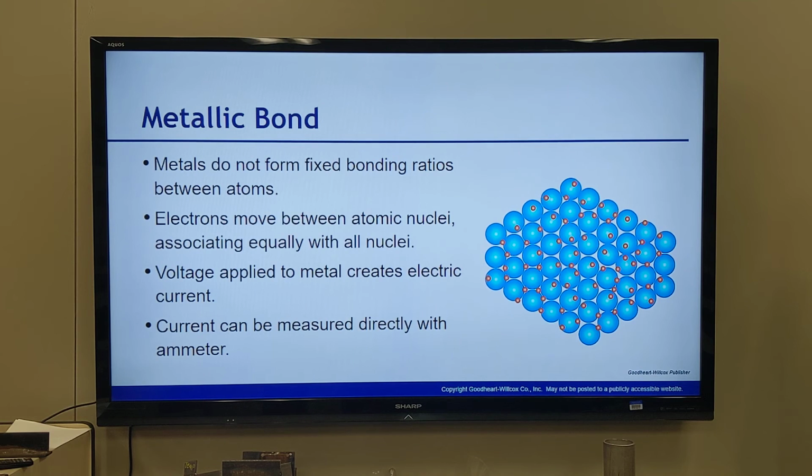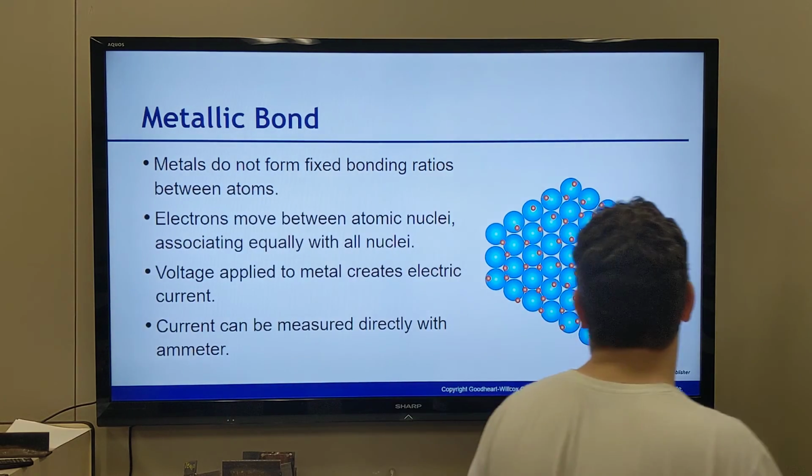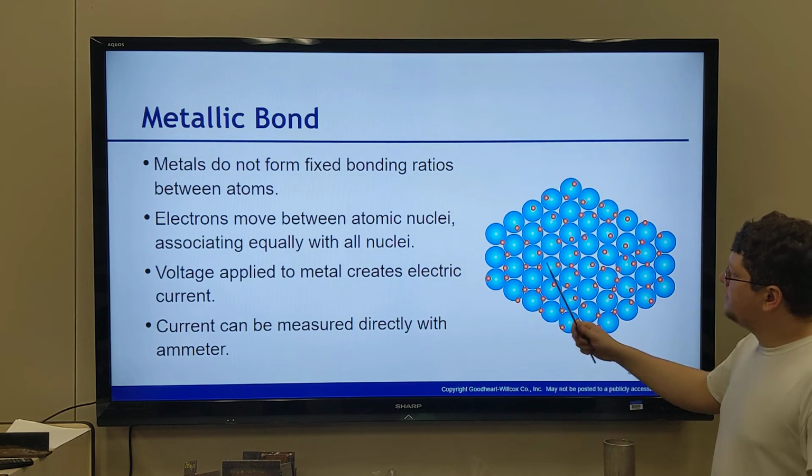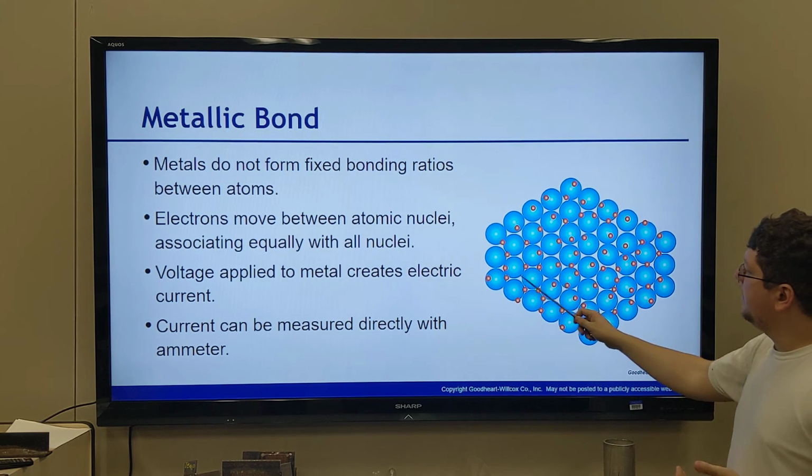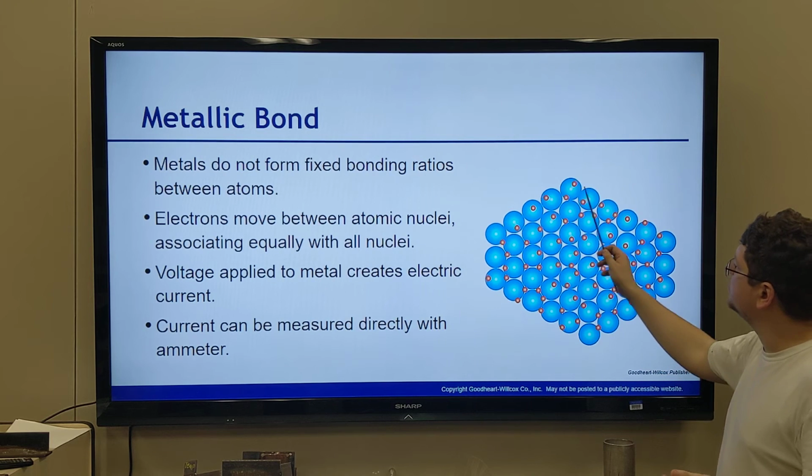Now we're looking at metallic bonds. Metals do not form fixed bonding ratios between atoms. And what they're trying to explain is, if you look at it, you would think they combine in certain areas, touching really well here and there.